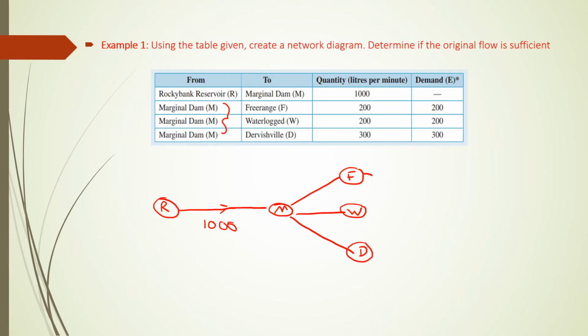And all 3 again lead into E here, that we can see from our table. So these all have directions, so I need to draw my arrows.